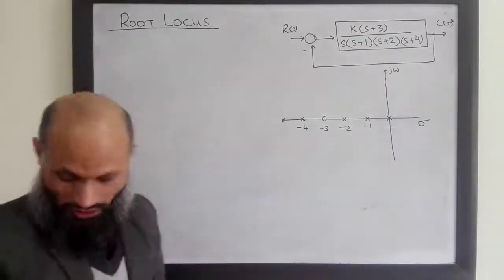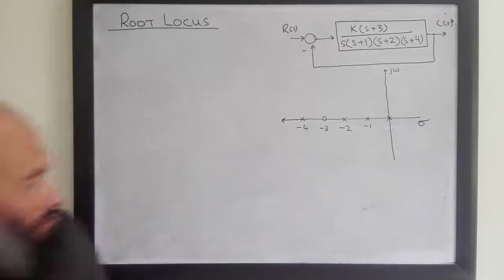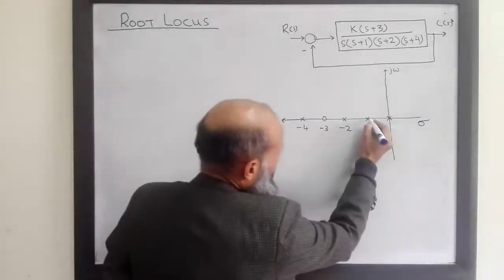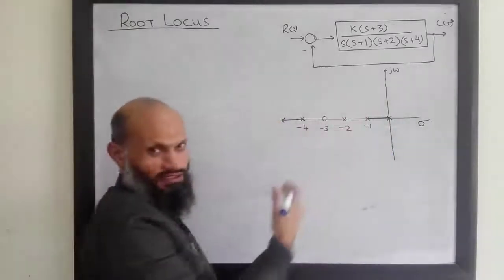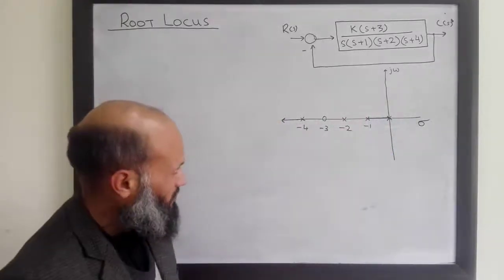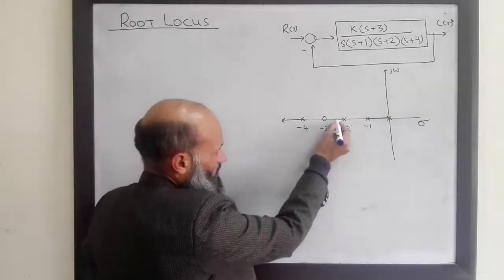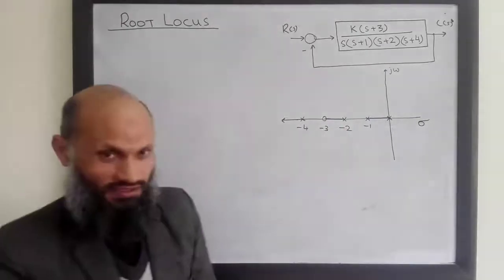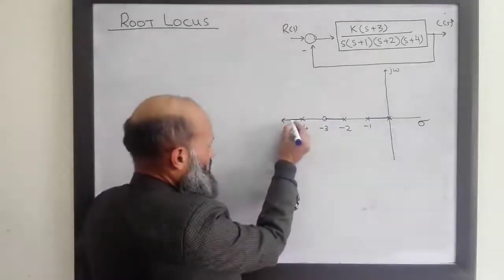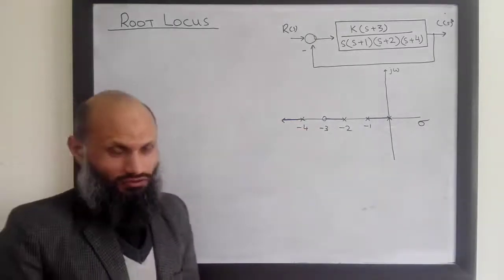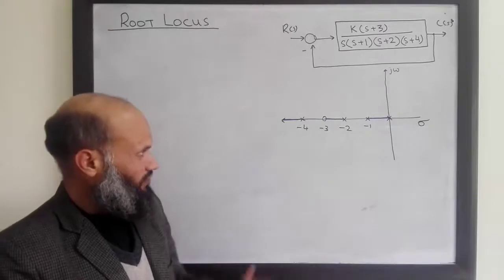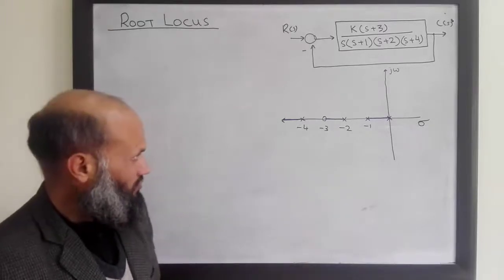To sketch the root locus, next we apply the real axis rule. This is part of the root locus because to the right of all these points there are an odd number of poles and zeros. This is also part of the root locus, and furthermore this is also part of the root locus. Now we know that root locus starts from poles and ends at zeros.